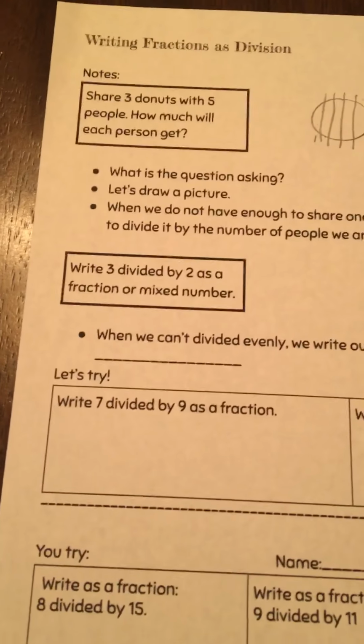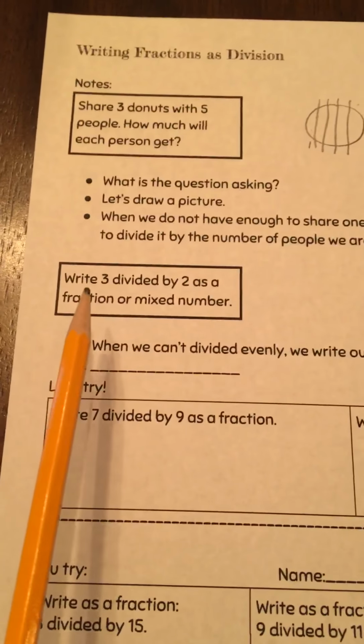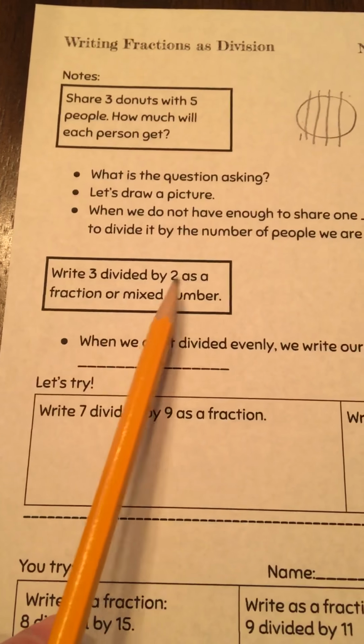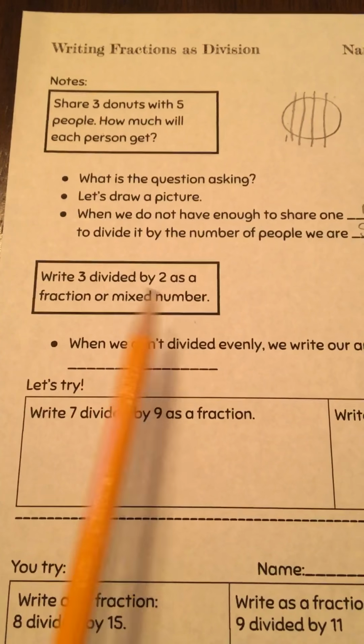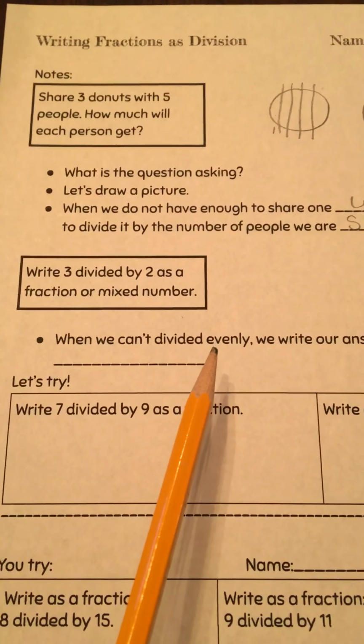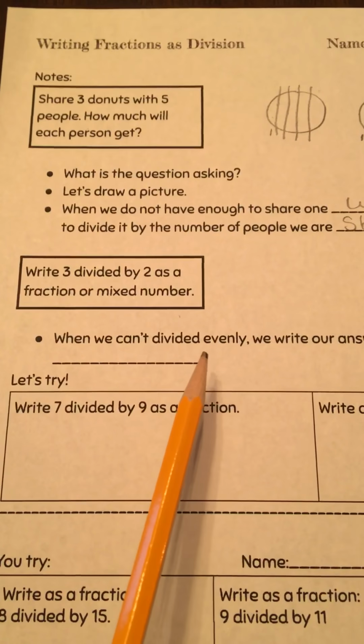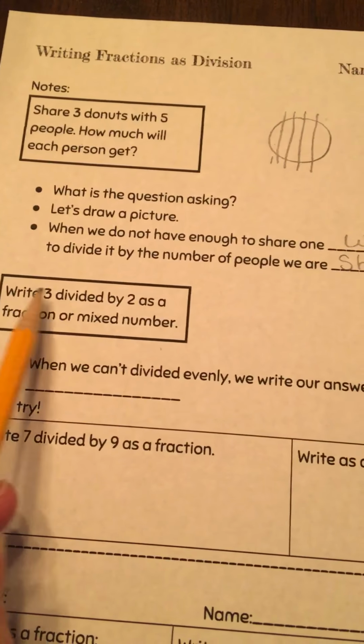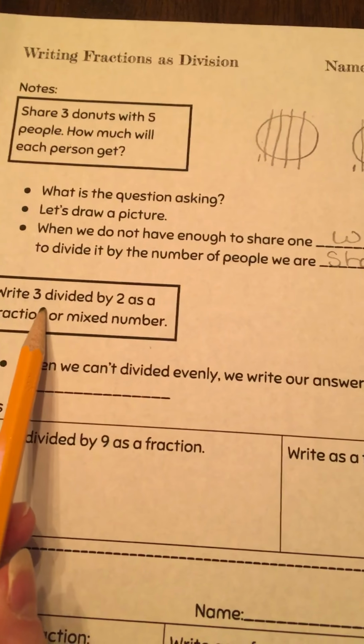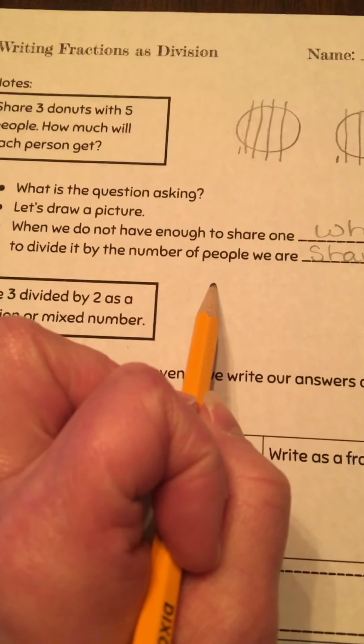Okay, also I can write 3 divided by 2 as a fraction or mixed number. So we're going to write 3 divided by 2 as a fraction or mixed number. Okay, so I know that 3 divided by 2, the 3 is going to be my numerator.